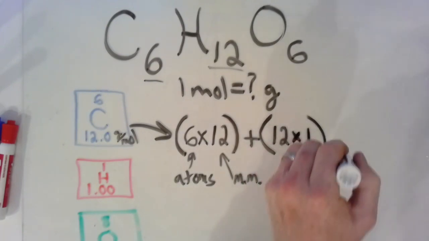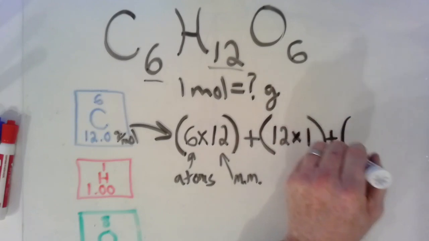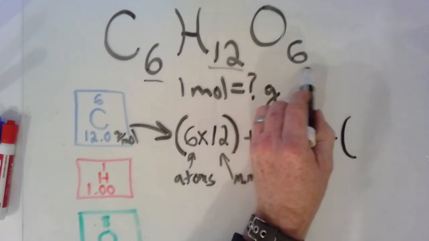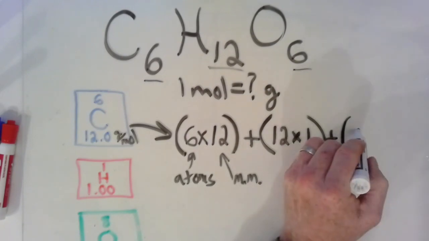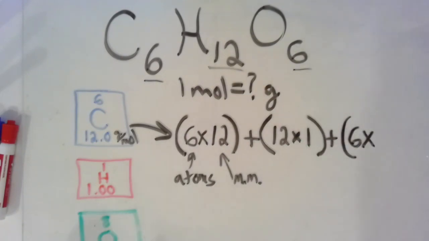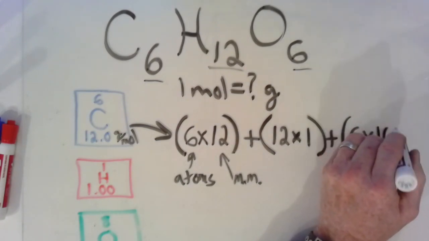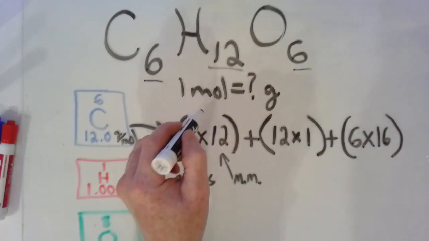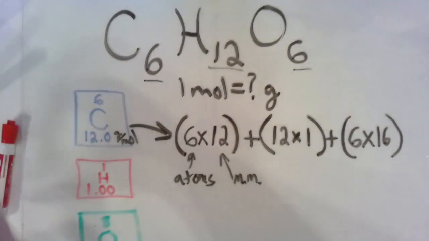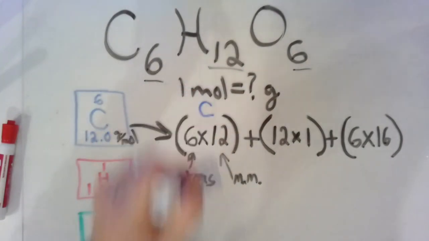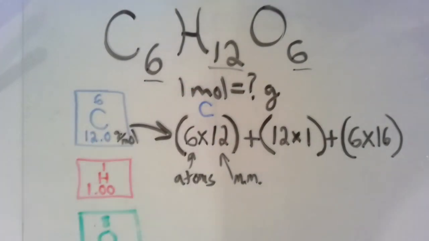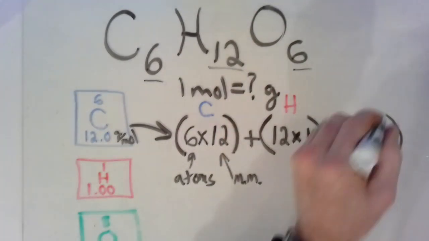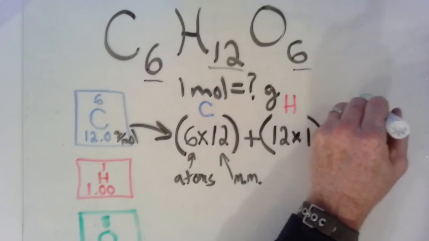Last but not least, our old pal oxygen, we're going to add the 6 atoms of it multiplied by their molar mass, which is 16 grams per mole. So this is representing our carbon. This is representing our hydrogen. And here we have our oxygen.